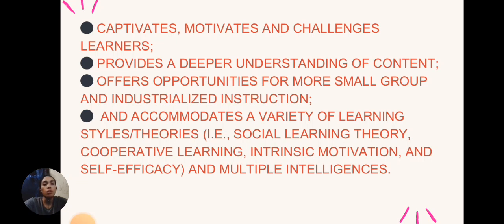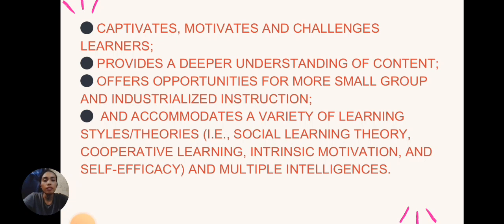For example, in social learning theory, people observe behavior in the environment. We have cooperative learning, the purpose of which is to provide structured opportunities for learners to work together in collaboration. Next is intrinsic motivation, which is performing a task by itself.